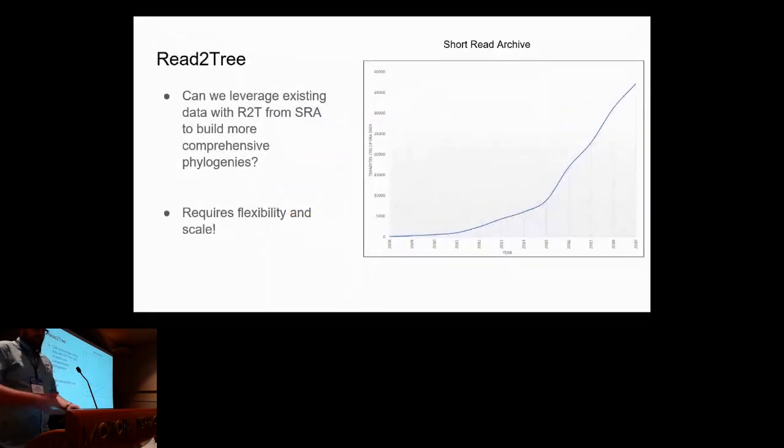So with this kind of method at hand, we really saw that it's quite flexible. And so we were really interested in leveraging some of the Short Read Archive data, because this has the potential to really help us construct larger phylogenies and get more insight into evolutionary distance and relationships across different species.